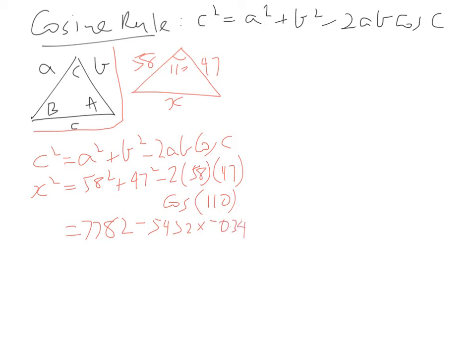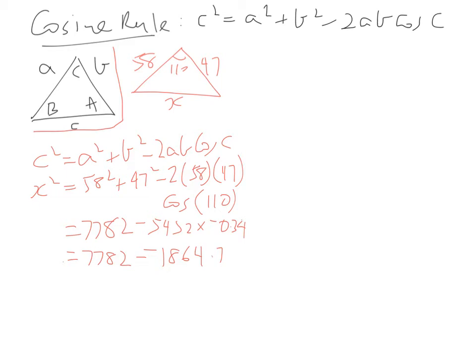So now I'm going to multiply that by my 5452, and end up with negative 1864.7. So 7782 minus negative 1864.7.